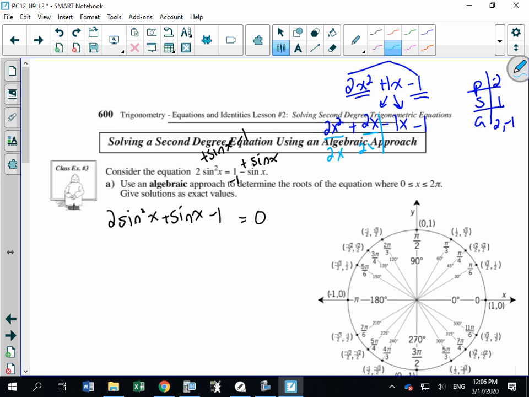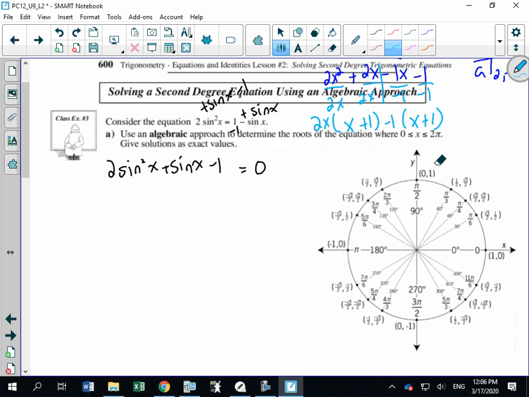So take out a 2x over here. And we would be left with x plus 1. Take out a negative 1 over here. And we'd be left with x plus 1. I know I did this correctly because my 2 brackets are the same. Therefore, my 2 factors are x plus 1 is one of my factors. 2x minus 1 is my remaining factor.